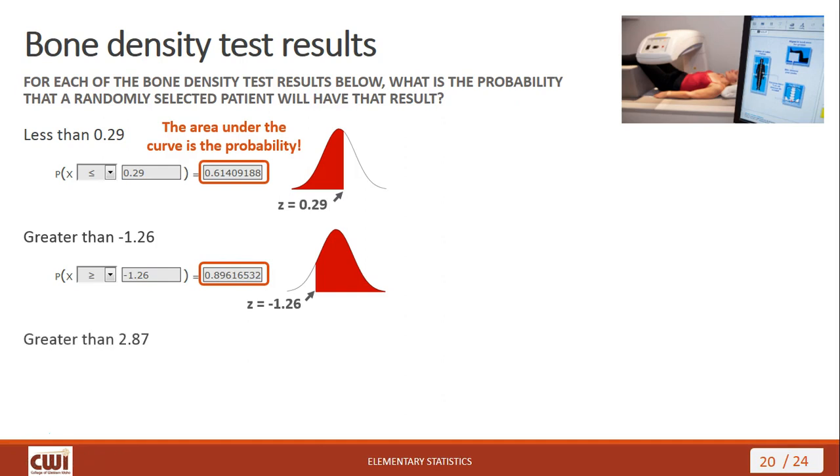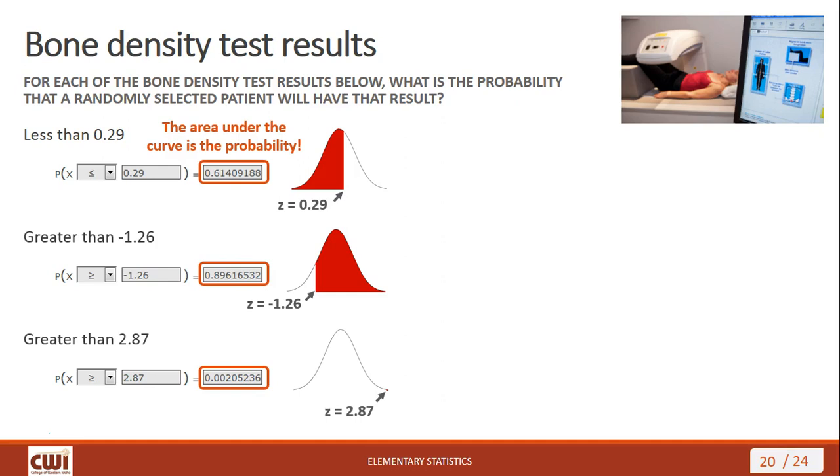How about the probability of randomly selecting a patient with a bone density test result greater than 2.87? I hope when you're calculating each one of these problems out that you're not calling up a new calculator for each one.